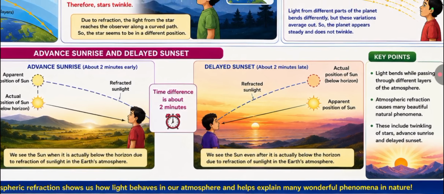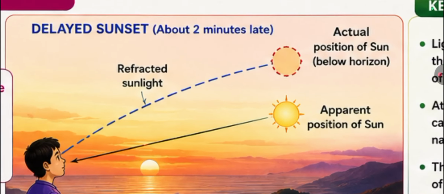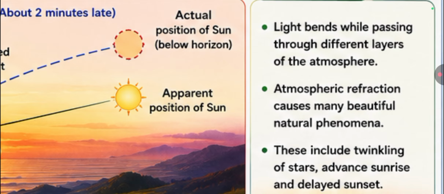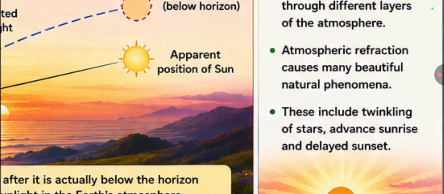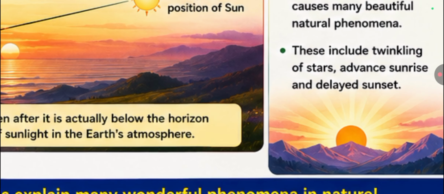We see the sun even after it is actually below the horizon due to refraction of sunlight in the Earth's atmosphere. Key points: light bends while passing through different layers of the atmosphere. Atmospheric refraction causes many beautiful natural phenomena. These include twinkling of stars, advanced sunrise, and delayed sunset.